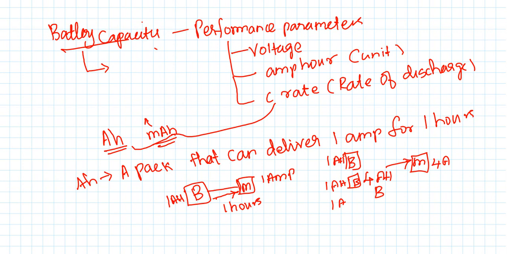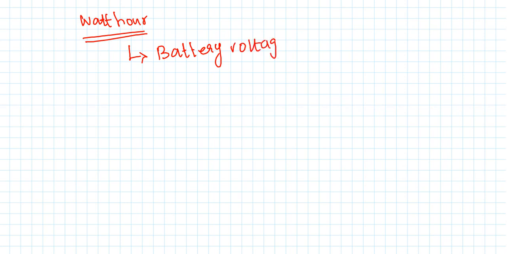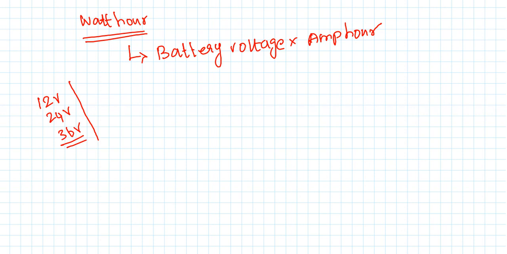The next parameter is watt hour. Normally on the battery we mention the watt hour. Watt hour is the product of battery voltage into ampere hour. The battery voltage may be 12 volt or 24 volt or 36 volt, and the current rating can be mentioned as 2 Ah, 4 Ah or 8 Ah.